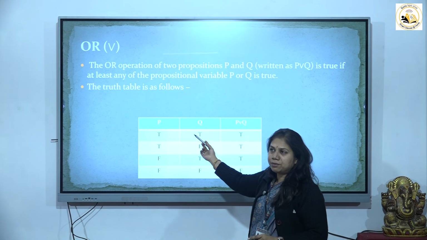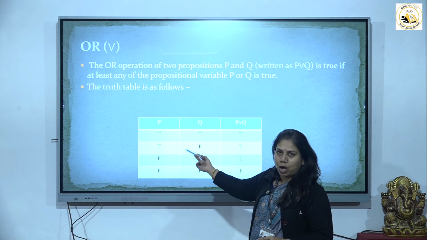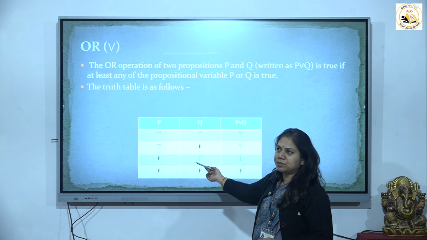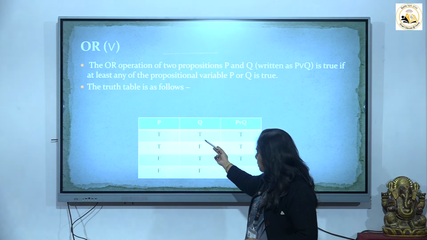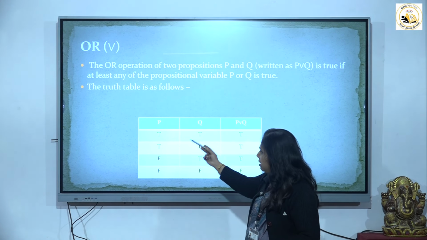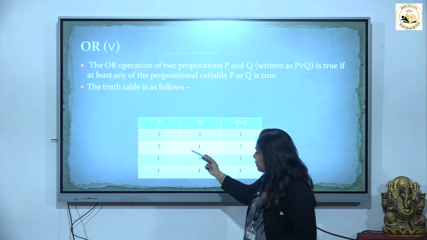As we have two statements P and Q, we have a total of 4 combinations of their results. If P is true, Q is true, then it gives a true result. If P is true, Q is false, it gives a true result.